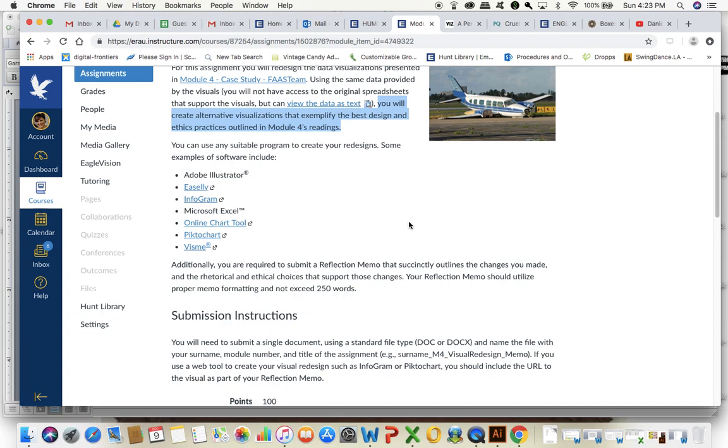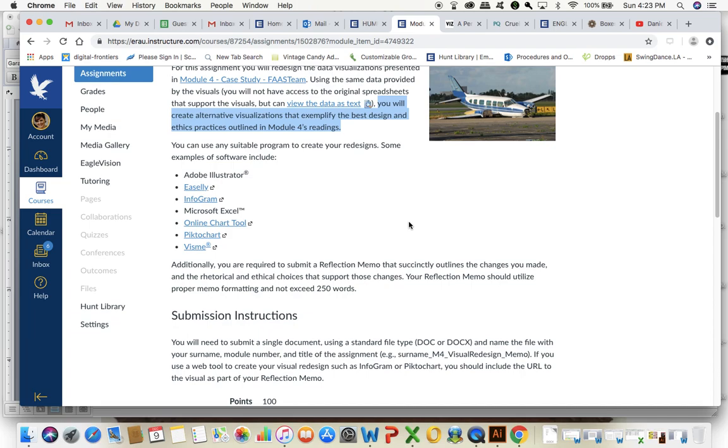Before you start playing around with the platforms, I would first identify how you want to create the alternative visualizations. First figure out how this could be done. You could write out what you want to do, and then justify it, because that's what you would do in your reflection memo, justify your choices.